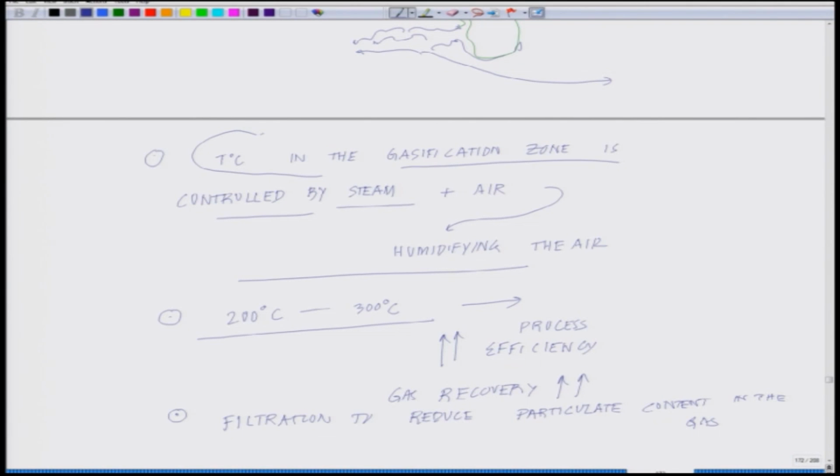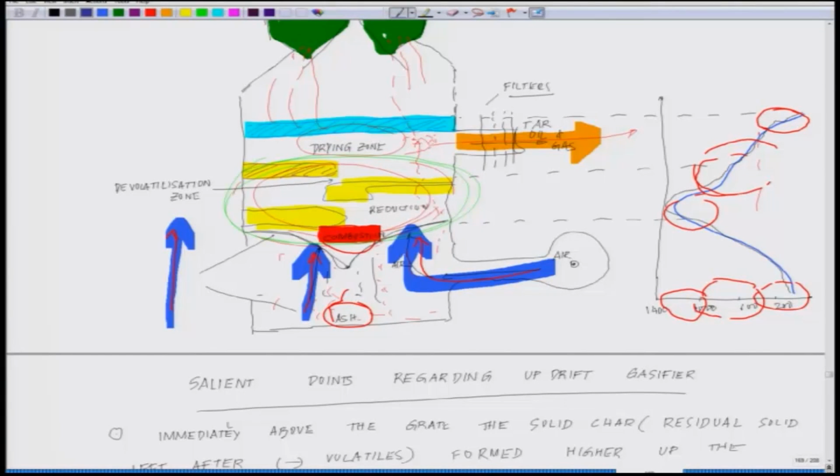Again, let us refer to the picture. This is what I am trying to tell you. Here, if you put a lot of filters, you can trap the tar, you can, of course, this is a costly proposition, you can trap the different particles. So, this is where you have all the different kinds of particle and tar trapping filters.